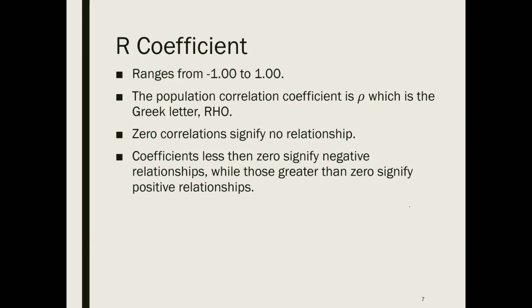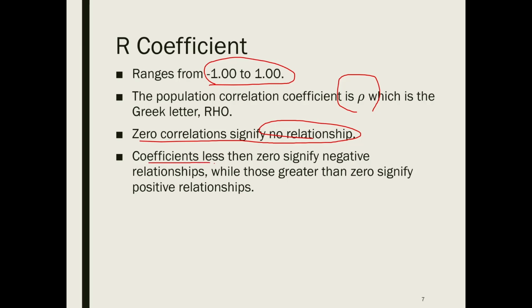The R coefficient, or simply R, ranges from -1 to +1. The population correlation coefficient is rho, which is the Greek letter rho.